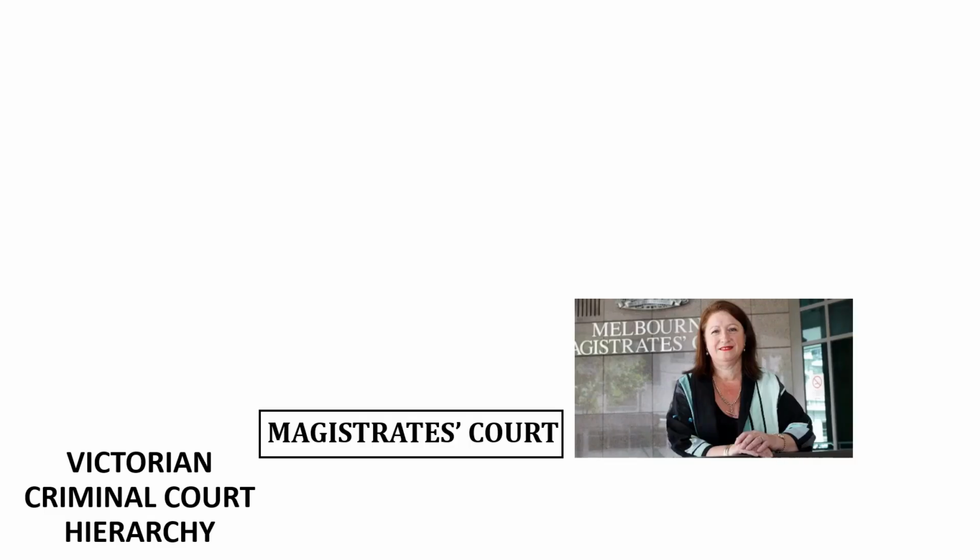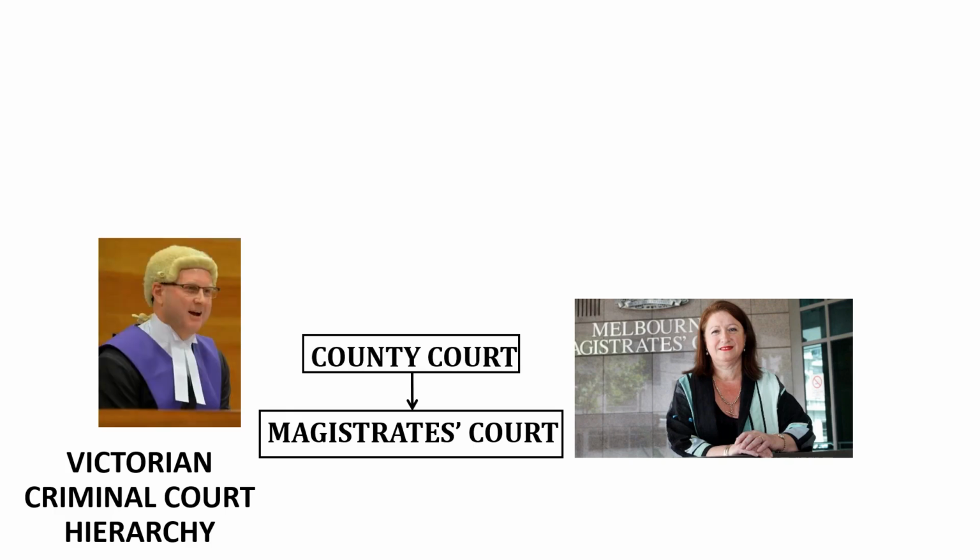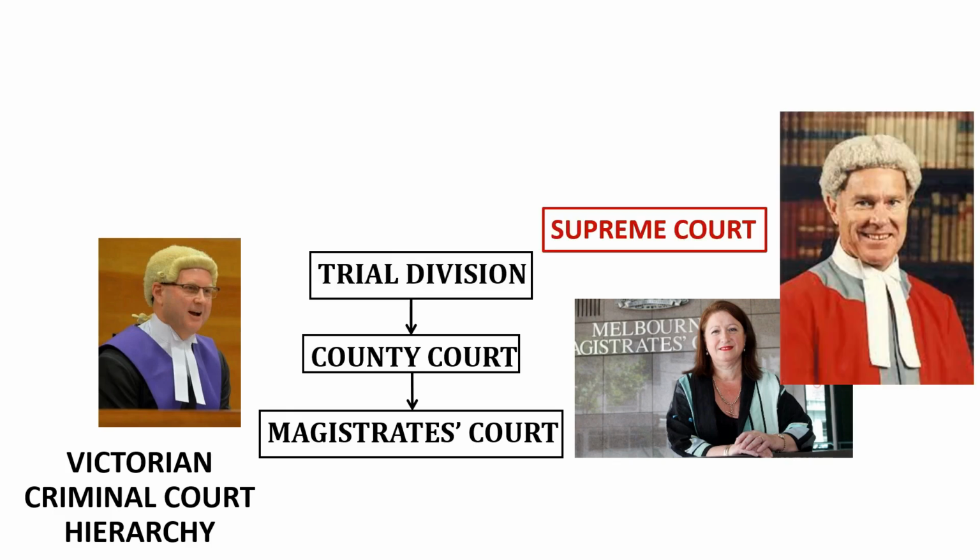Let's now look at the Victorian criminal court hierarchy in a bit more detail. At the very bottom of this hierarchy, we have the Magistrates' Court, which deals with all kinds of summary offences. As you know, proceedings before the Magistrates' Court are called hearings. Above the Magistrates' Court, we have the County Court, and above the County Court, we have the Trial Division of the Supreme Court.